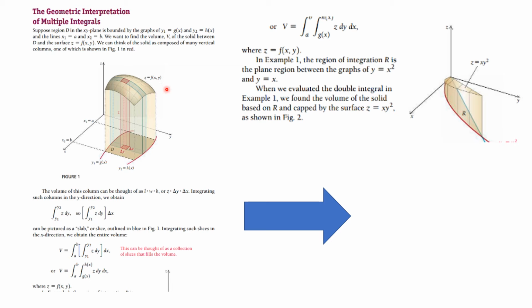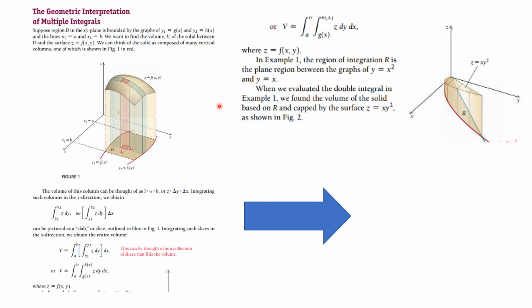So this is z equals f of x y. Volume is going to be the integral, and this is y first, so we go from g of x to h of x, and then we integrate this from a to b. That's going to give me the volume. So the geometric interpretation of this integral is that we have volume.